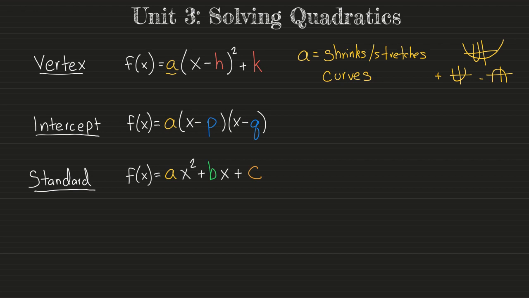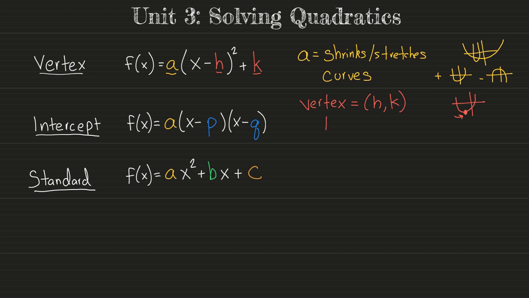We talked about h and k in vertex form being the vertex. So our vertex is just h as the x value and k as the y value. When we're looking at a particular quadratic equation, the vertex is that point right there, boom, where it stops decreasing and starts increasing, or stops increasing and starts decreasing.